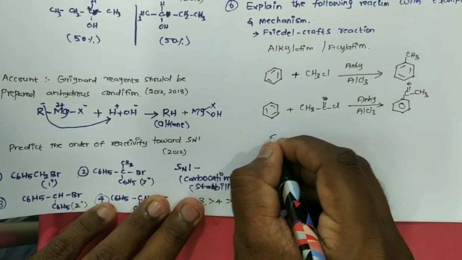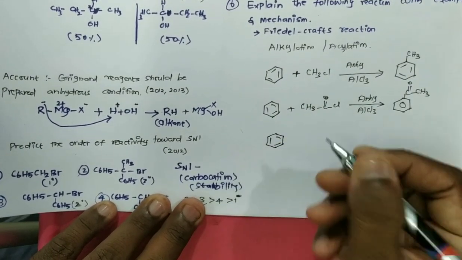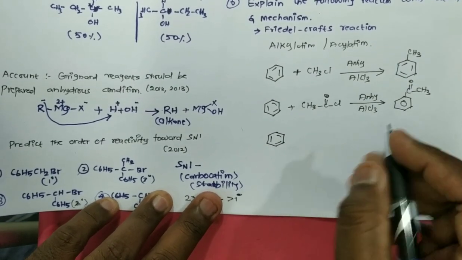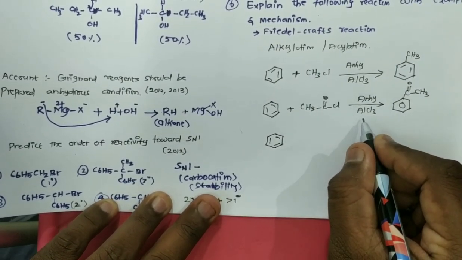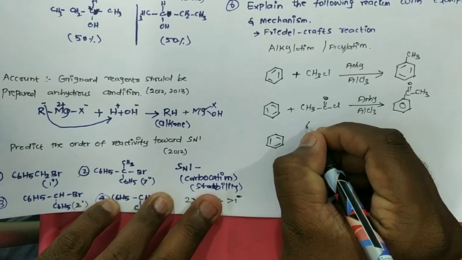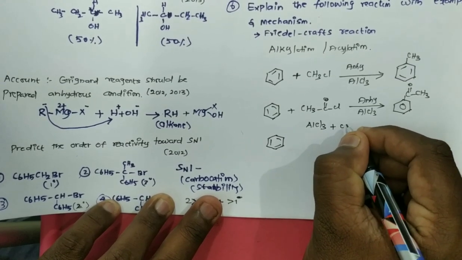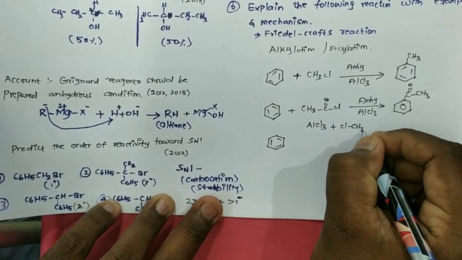So here I am taking the benzene ring, with 1 bond, 2 bond and 3 bond. Before that, the electrophile is getting formed. How is the electrophile getting formed? Anhydrous aluminum chloride, AlCl3, will react with our CH3Cl.